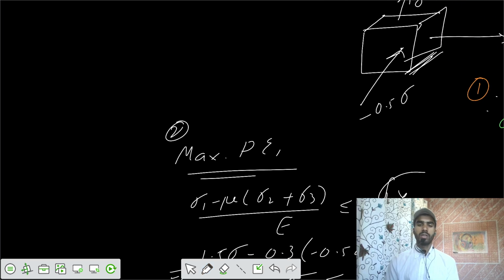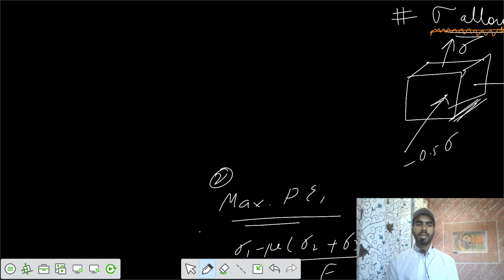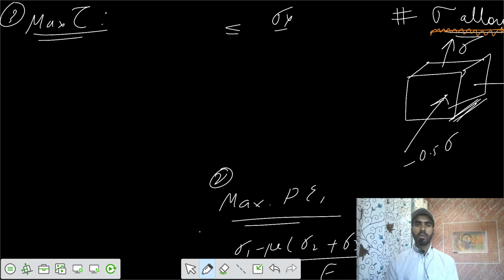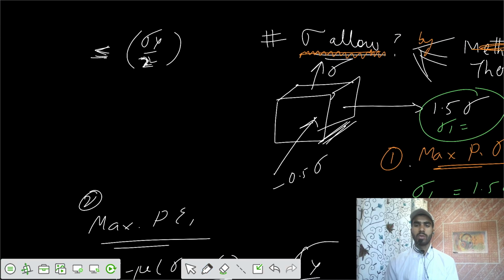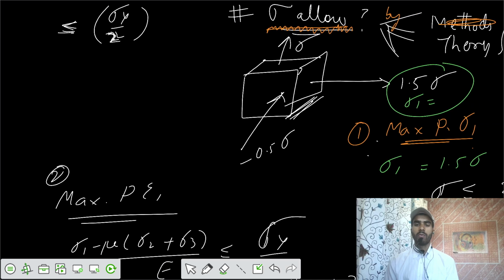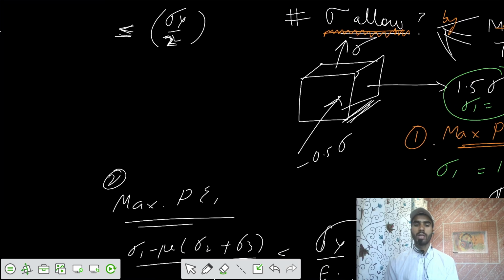Now let's use the third method, that is maximum shear stress theory. It says tau max absolute should be less than or equal to tau max in uniaxial loading, that's sigma y by 2. So if you take one value as positive and the next one as negative, then you subtract them.